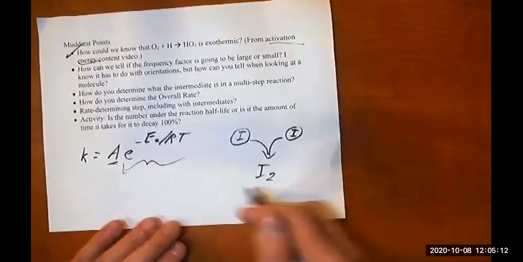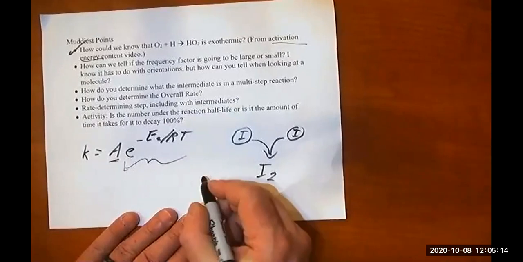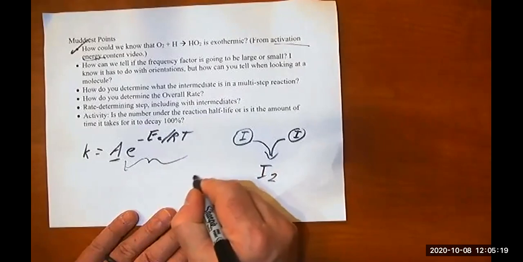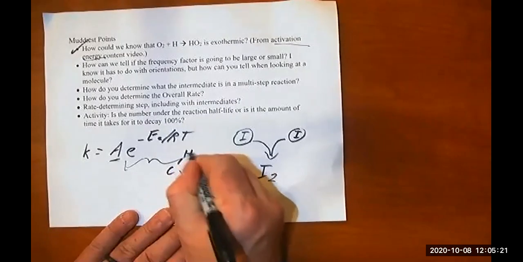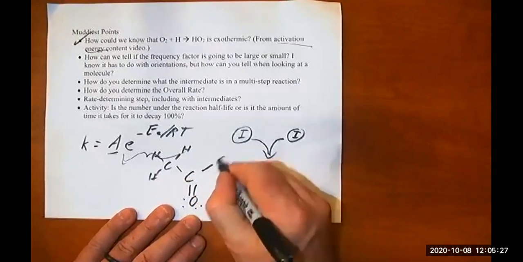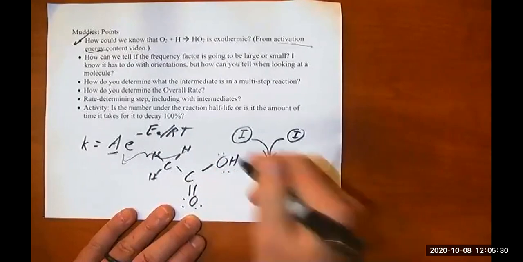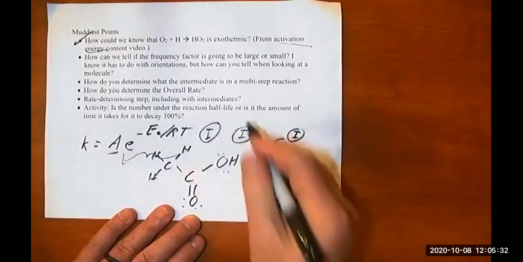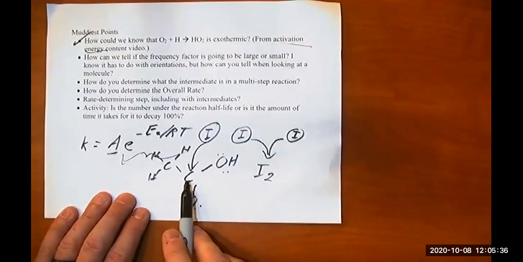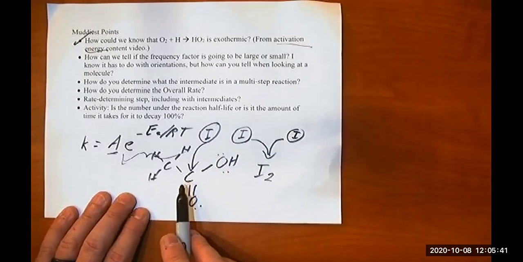But if you had a reaction where there was maybe, let's say, carbon, something like this, and you have an iodine atom that is coming up and it has to hit the back of this carbon atom in order for it to react, then there are lots of places it could hit that's not in the right spot.